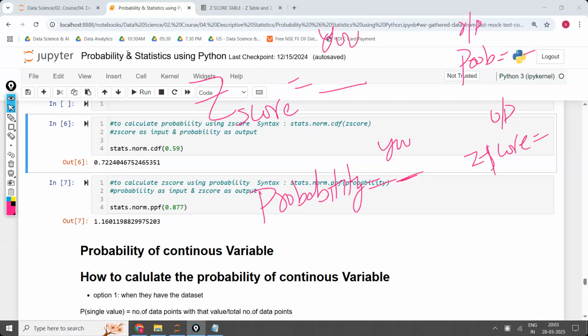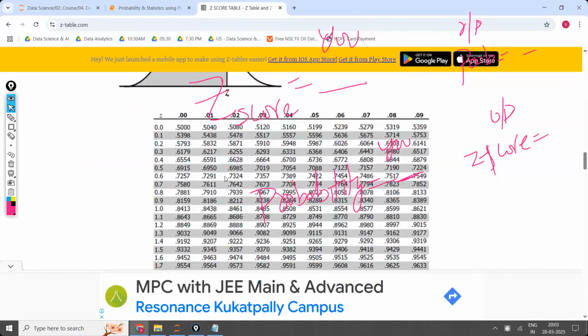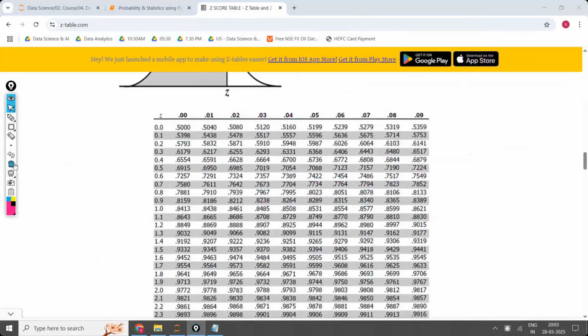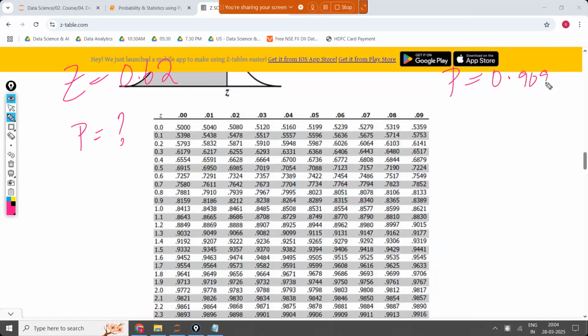Right? Now, in the Z table, one more time guys, I'm providing for you Z value as 0.62. For 0.62, Z value I have provided, I'm asking probability. Similarly, probability was given as 0.9099.